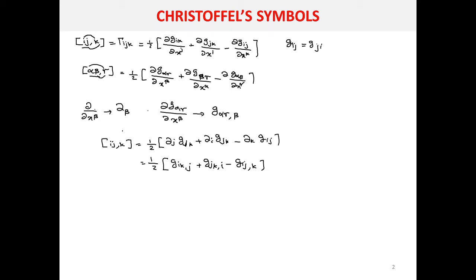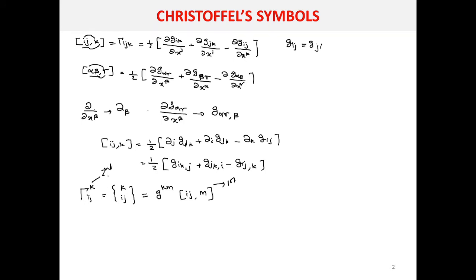Now the Christoffel symbol of the second kind can be represented as gamma ij, where i and j are covariant indices and k is a contravariant index, or it can also be represented as {k over ij}. It is expressed as g km times the square bracket ij,m. Actually this is the Christoffel symbol of the first kind, and this is the Christoffel symbol of the second kind.